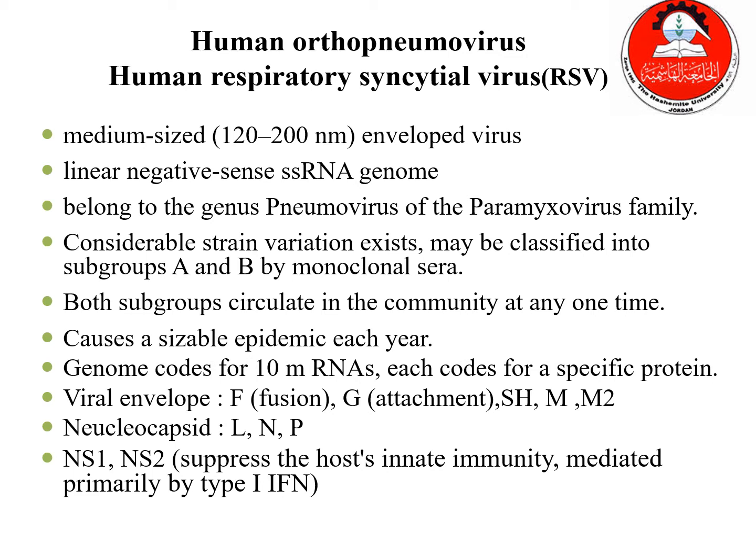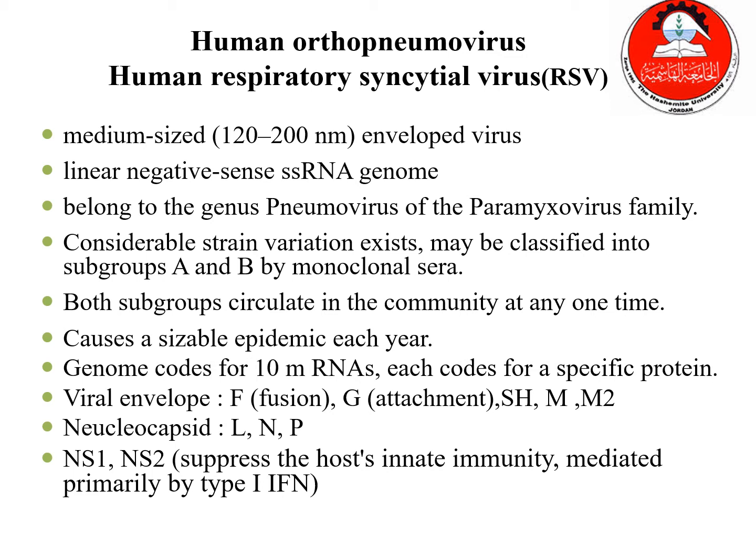The genome of the respiratory syncytial virus is composed of 10 messenger RNAs, and each one of them codes for a specific protein. The viral envelope is composed of the F or fusion protein and the G or attachment protein. Also, we have the SH, M, and M2 proteins, which are embedded within the viral envelope.